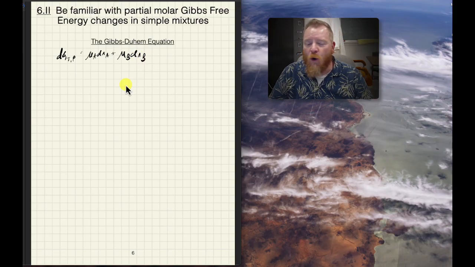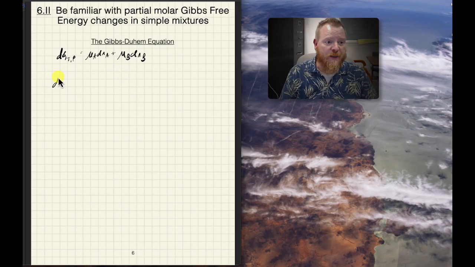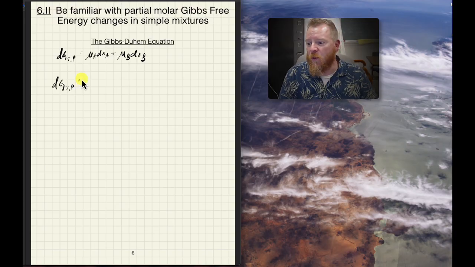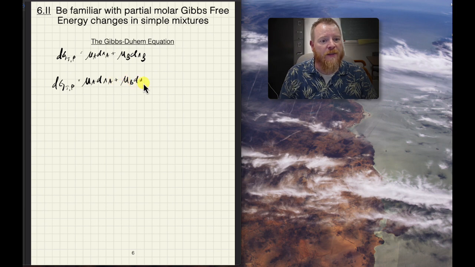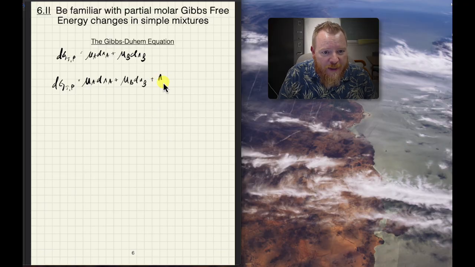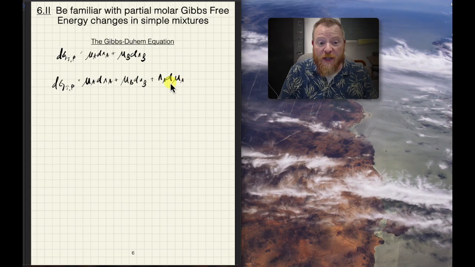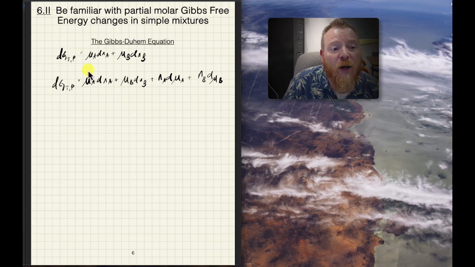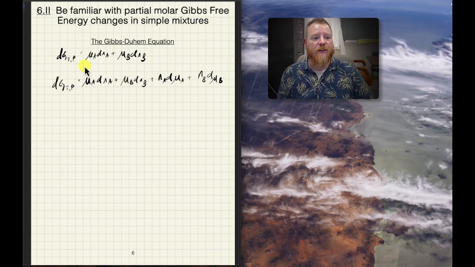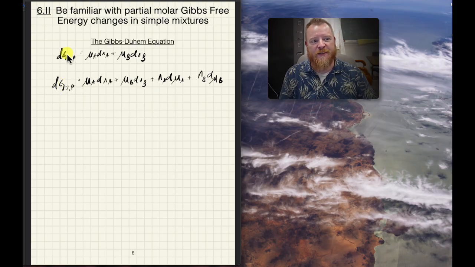Well, if we want to think about the total change in this thing, we also have to consider what happens if I hold the number of moles constant in A and B and now allow the chemical potential to change, d mu A and d mu B. Given that both of these state that this is dG at constant temperature and constant pressure, we can set them equal to each other. And in doing so, we would arrive at the following conclusion.